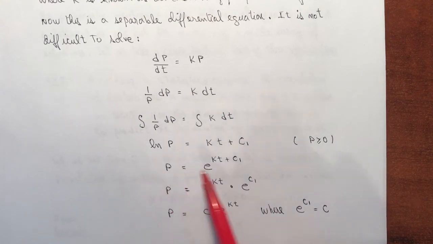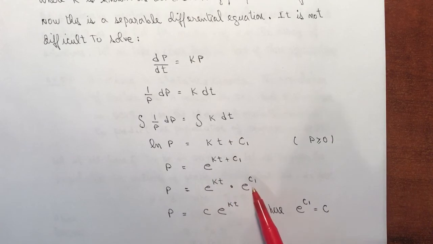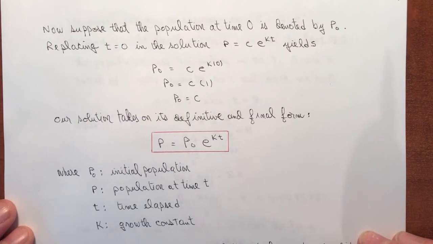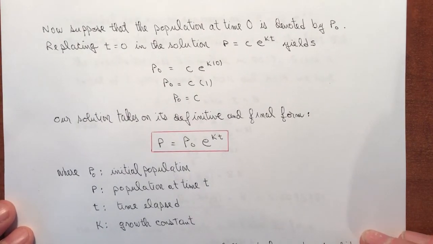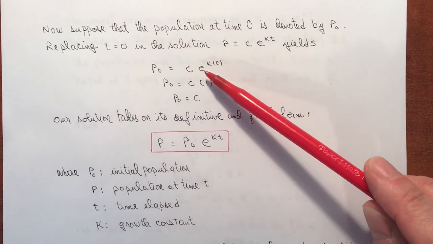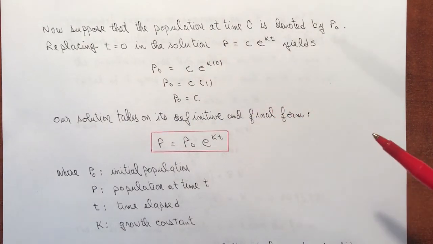Bringing both sides to the power of e, I get that p is e to the kt plus c1, and I break this in 2. And e to the c1, I decide to call c, and I get p is equal to c e to the kt. Now suppose that the population at time 0 is given by p0. Replacing t equal to 0 in the solution p is equal to c e to the kt yields p0 equals c e to the 0 times k.